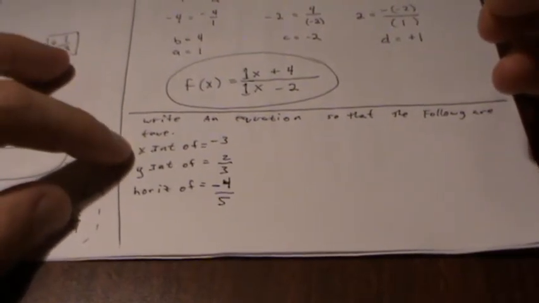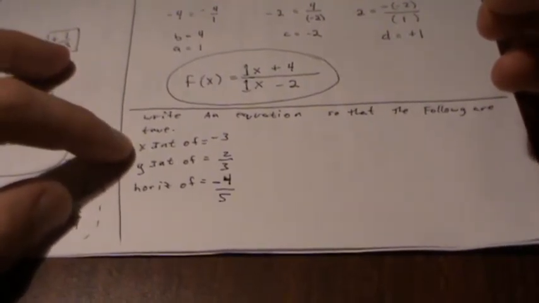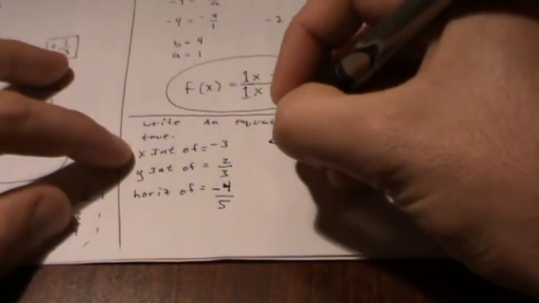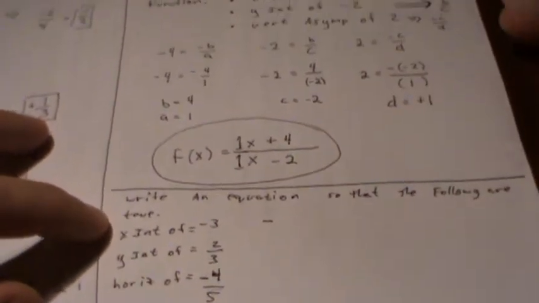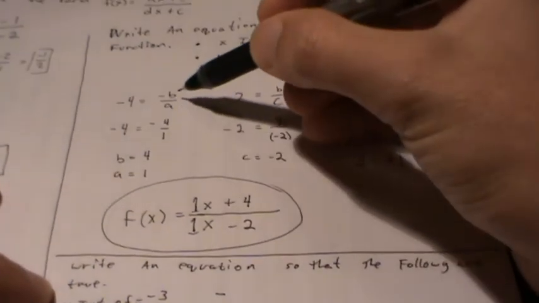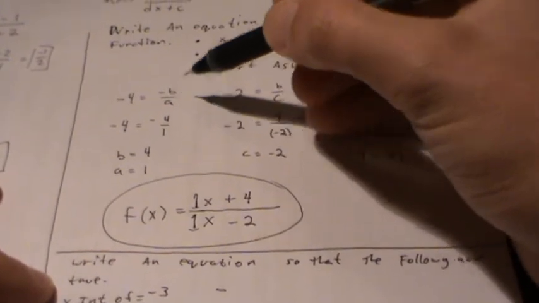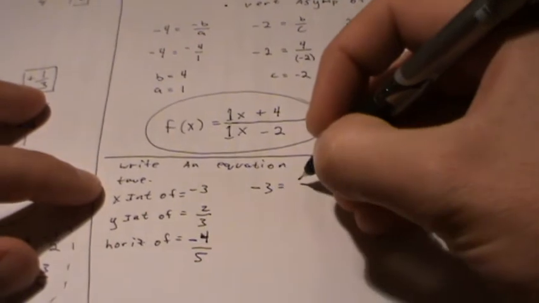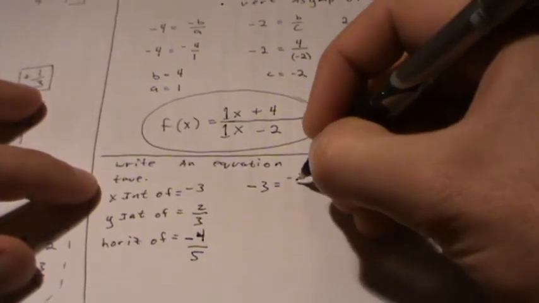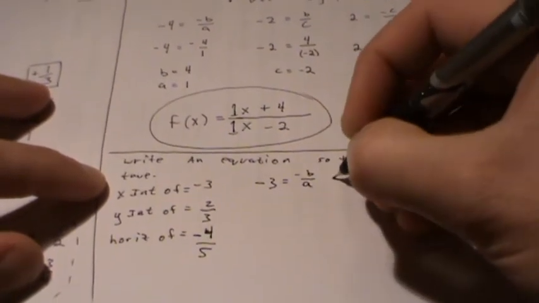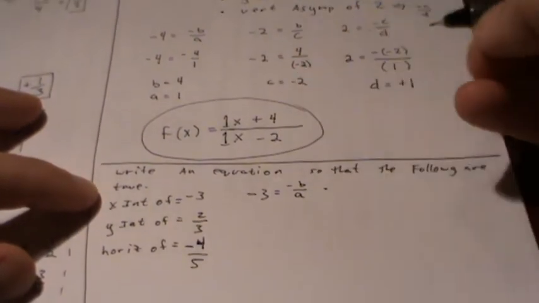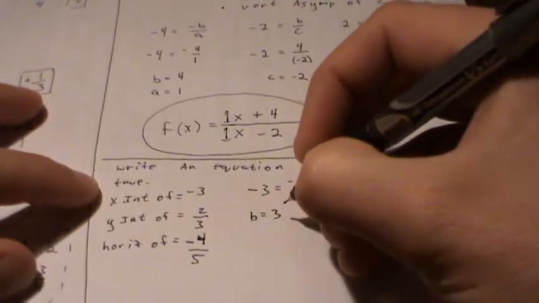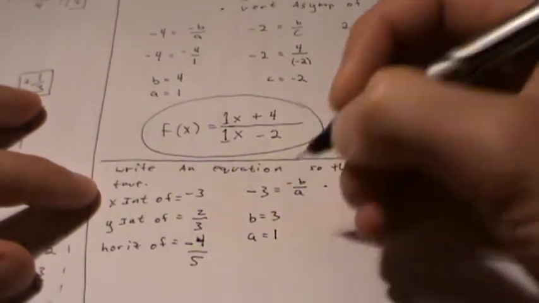Okay, so if my x-intercept is -3, remember the x-intercept must be equal to -b/a. Alright, so I'm going to start with -3 needs to equal -b/a. And so that implies that b must be 3 and a must be 1.